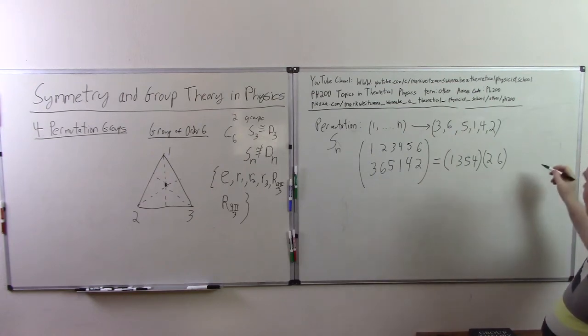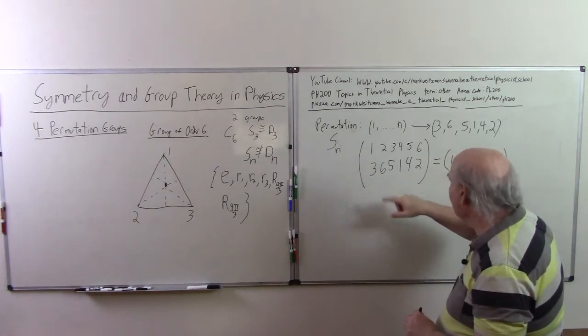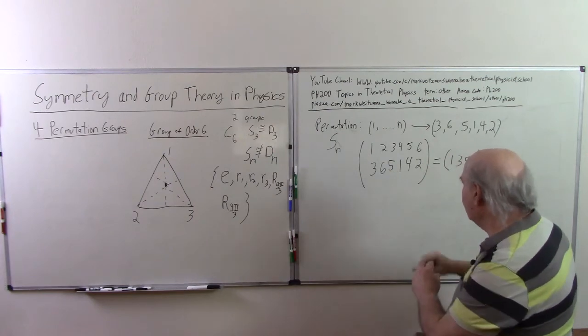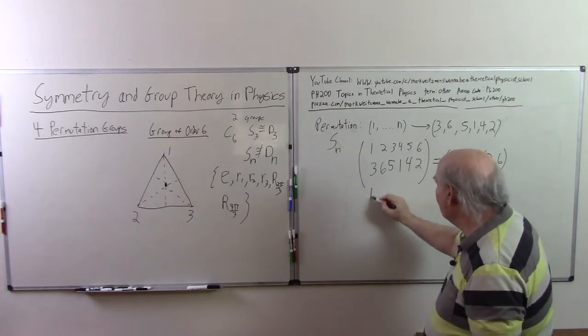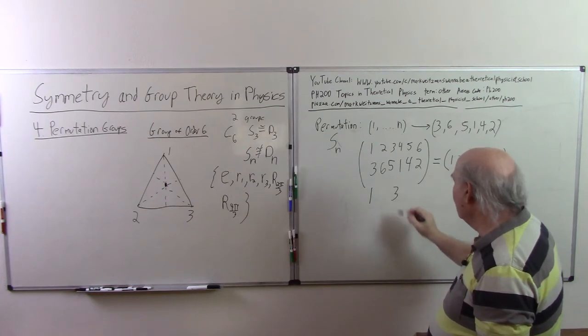Oftentimes, if we had a permutation, let's say we were to make this 1 goes to 1 and 4 goes to 3.